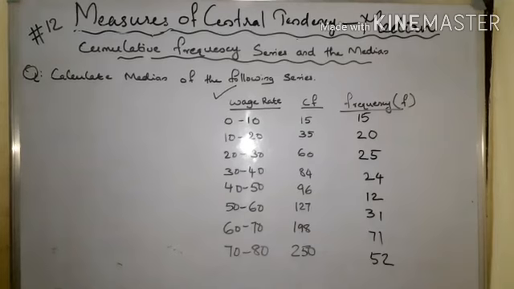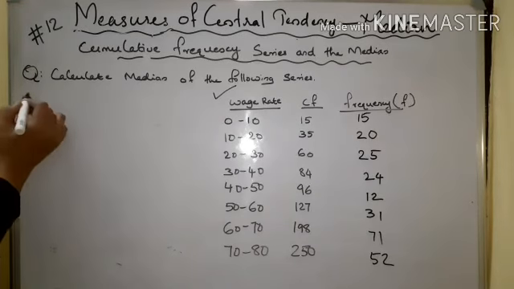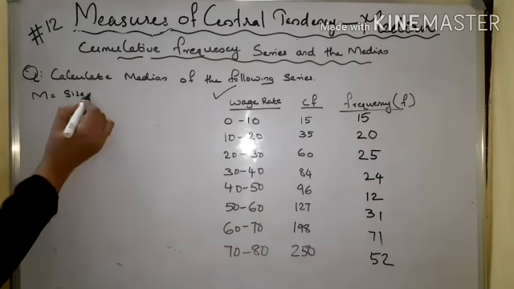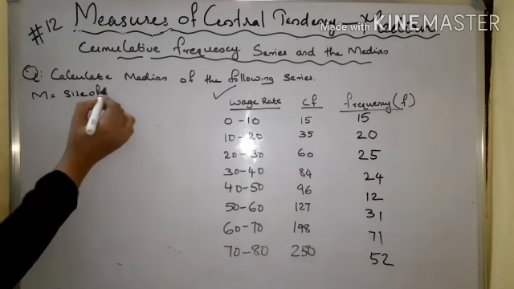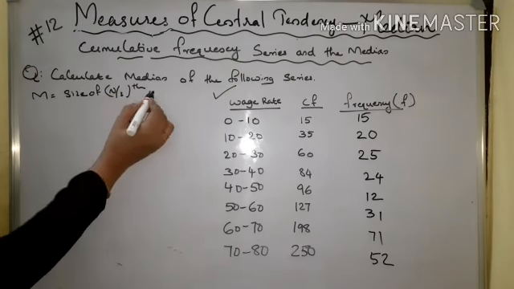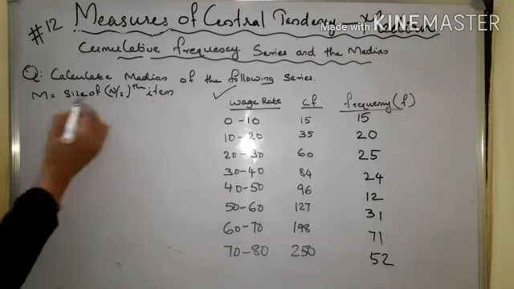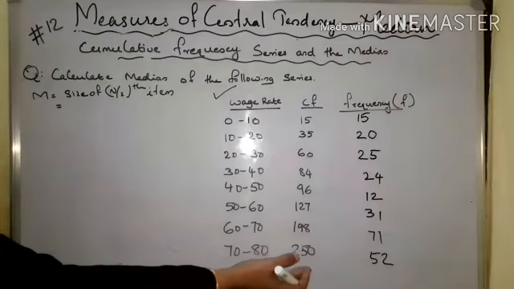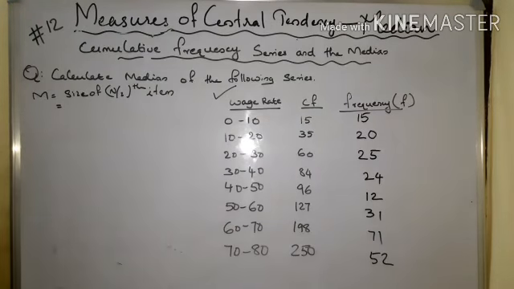Then how can we find the median class? Median class M is equal to size of n by 2 th item. Here n is equal to the total of frequencies, and the last cumulative frequency value is equal to it.